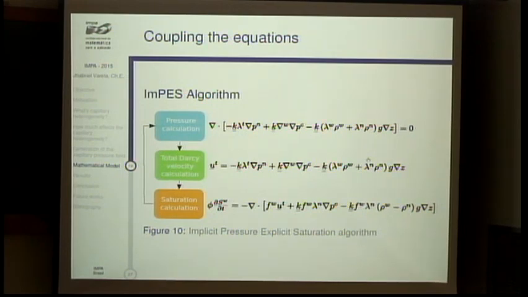And once we know the pressure of the non-wetting phase, we can calculate the total Darcy velocity. And once we know the total Darcy velocity, we can calculate the saturation of the wetting phase for the next step. And then we update the physical parameters of the pressure equation that depend on the saturation of the wetting phase.